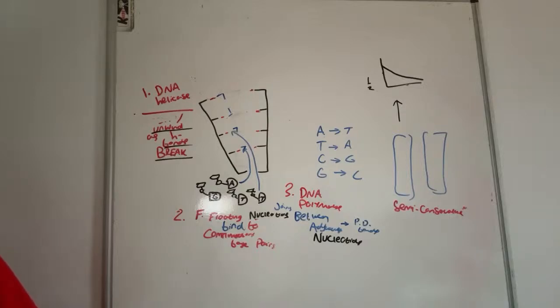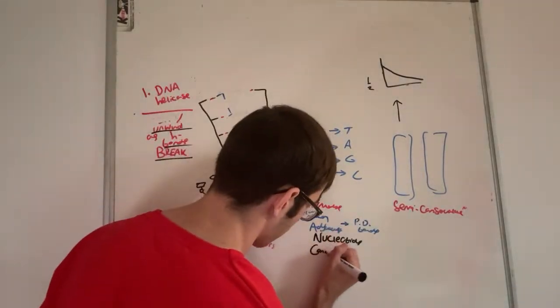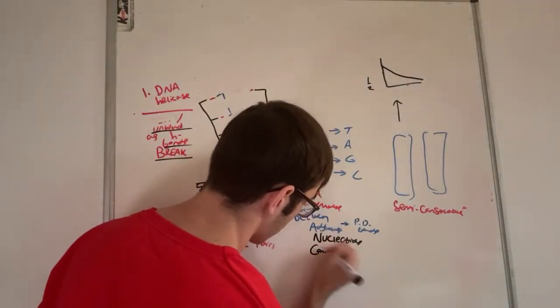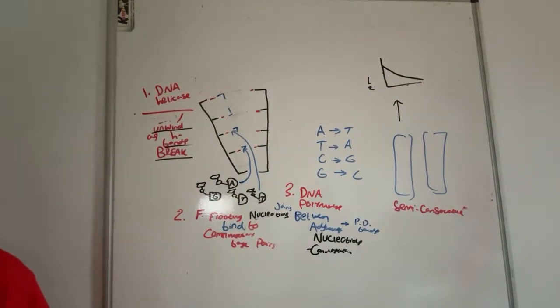Okay. What type of reaction joins adjacent nucleotides? Condensation. So we should have mentioned condensation. Via condensation reaction. Each molecule of newly synthesized DNA contains half the original DNA material.